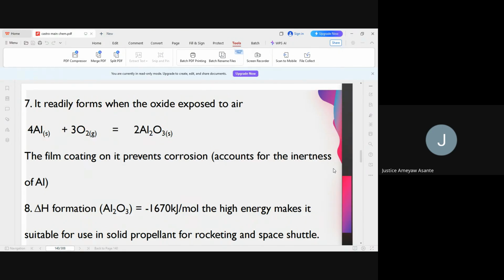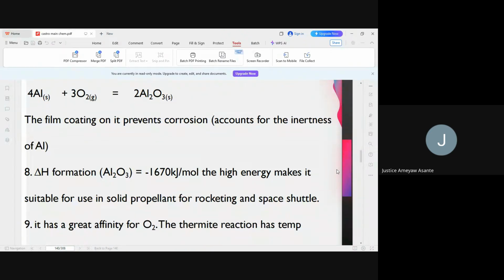It readily forms an oxide when exposed to air. So when aluminum is exposed to air, it reacts with oxygen to form a thin layer of aluminum oxide that coats the surface. The firm coating on it prevents corrosion.